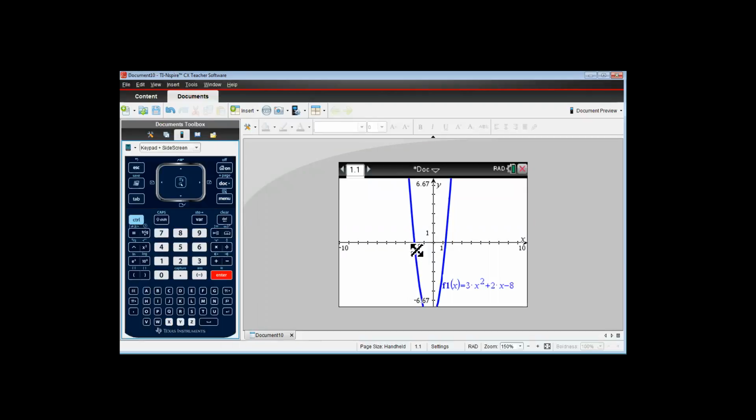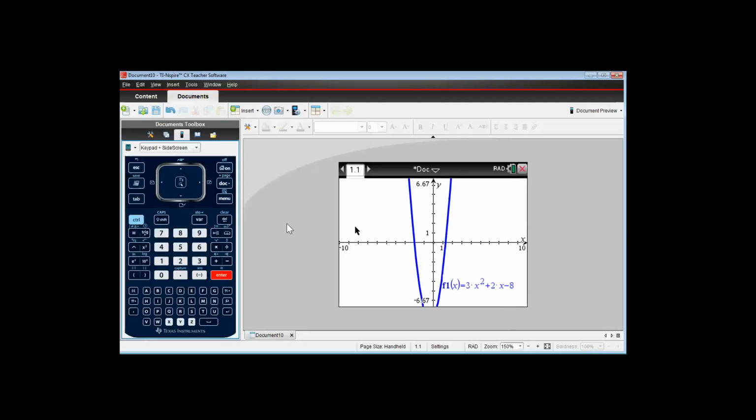And we see our graph, and notice we have two solutions. One looks like it's right on the crosshair, and one that's not quite. Well, that one on the crosshair would definitely be our negative 2, 0, and this 4/3, 0 is 1 1/3, and it looks like it's going to be right there.